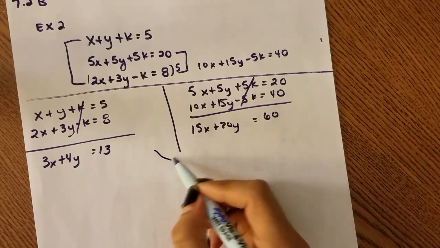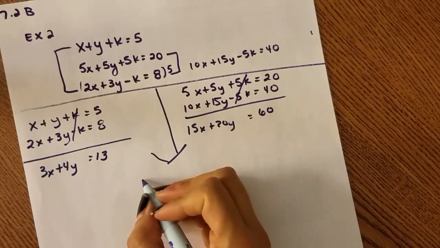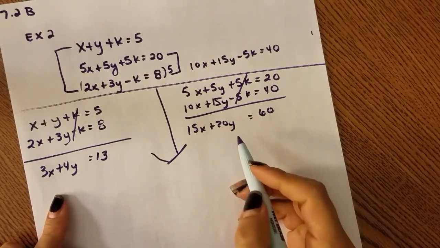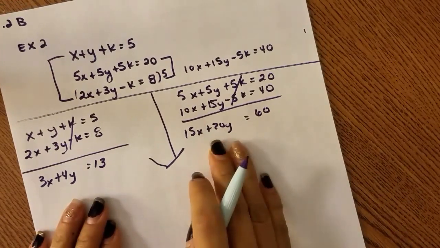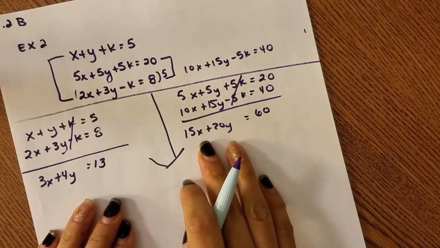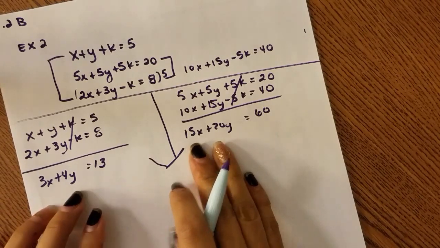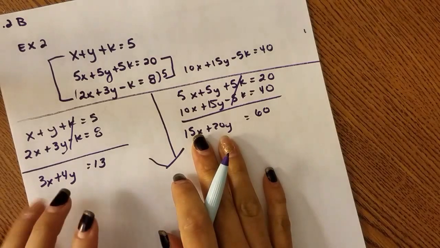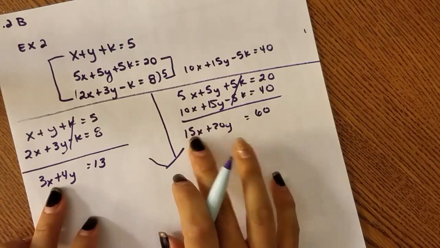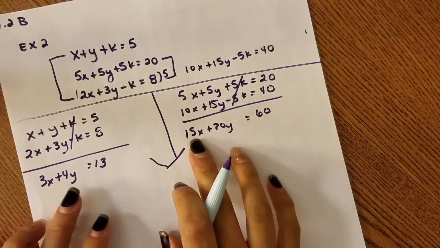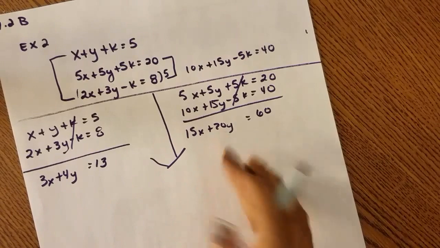So now I'm going to combine these two. Here I'm going to choose which variable I want to eliminate. If you look at these, neither of them have opposite signs, but you can choose to eliminate either one. So you can multiply this one by negative 5 to eliminate the x's if you wanted to. Either way, let's see what happens here.